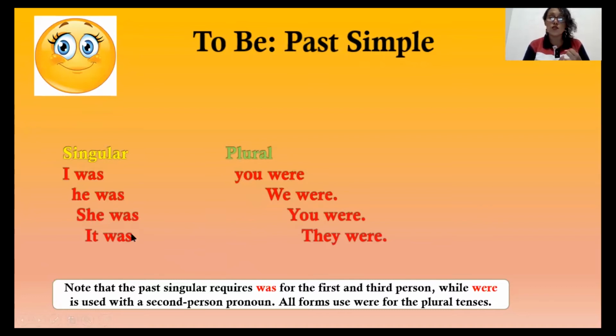I was, he was, she was, it was, singular forms. And for were, we are going to use the second person pronoun, okay? We are going to use were for all of the plurals. You were, we were, you were, and they were.